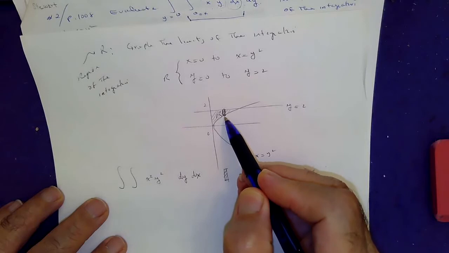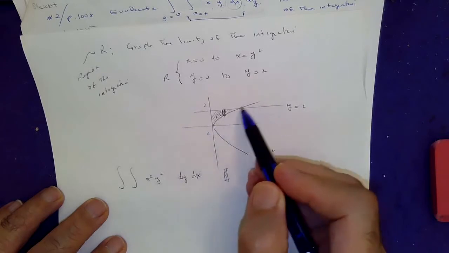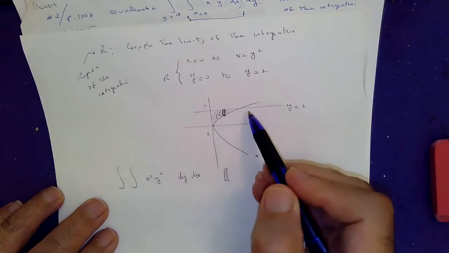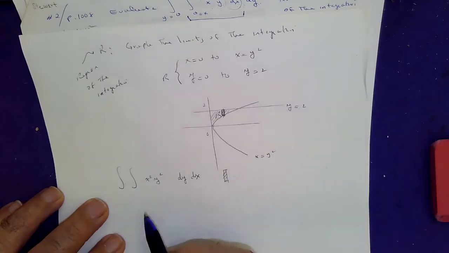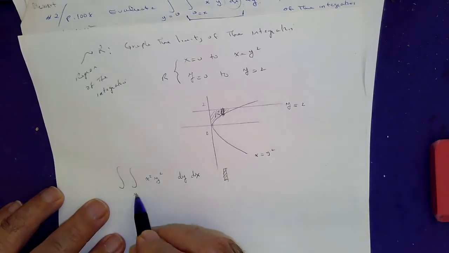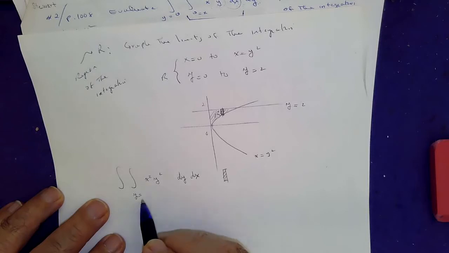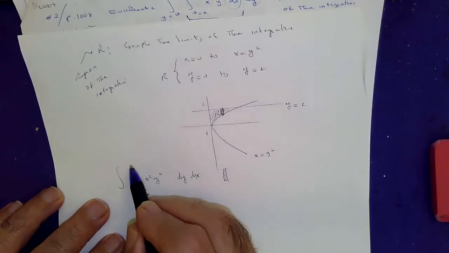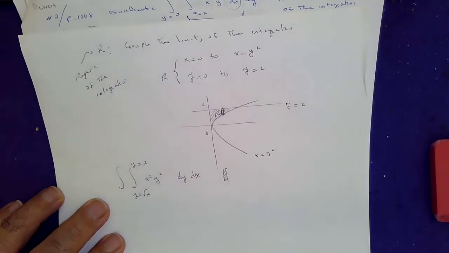The bottom of this element is lying on this curve, so that would be y equals square root of x, all the way to y equals 2.